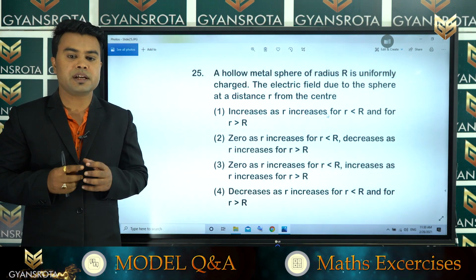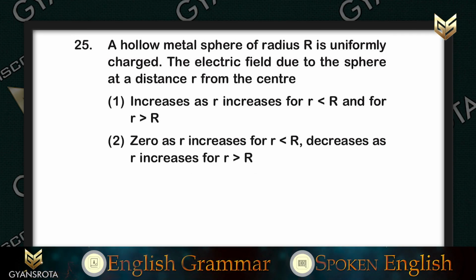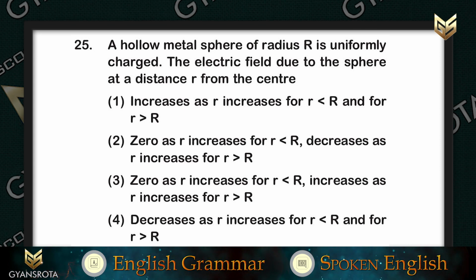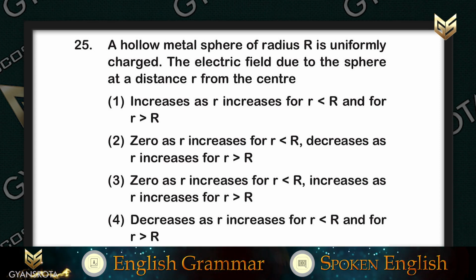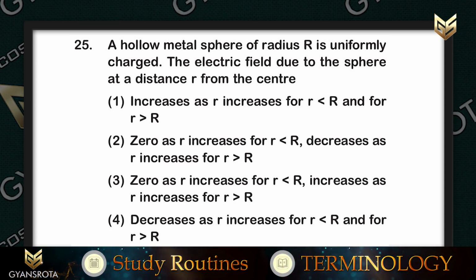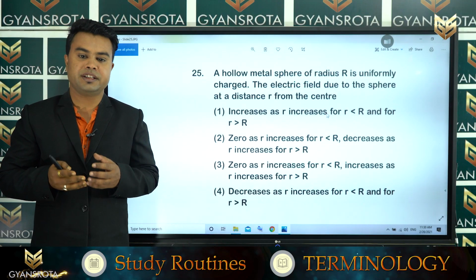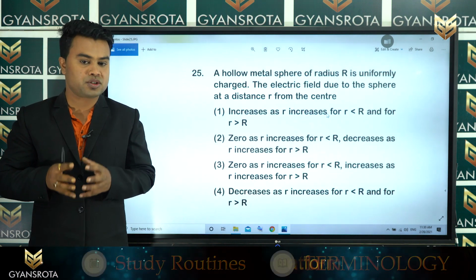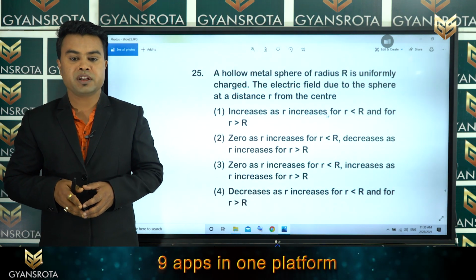Question number 25 says a hollow metal sphere of radius r is uniformly charged. The electric field due to the sphere at a distance r from the center is. This is a direct question from the chapter Electric Charges and Field of class 12, that is chapter number 1.